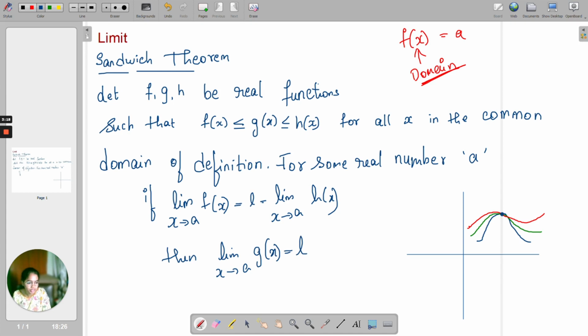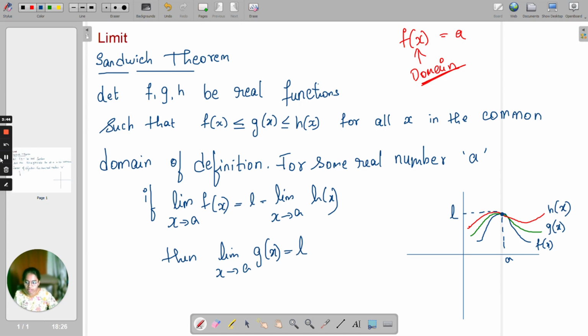Let me take that this point is a and the limit at this point is L. This is f of x, and this is g of x, which is sandwiched between f of x and h of x, right?